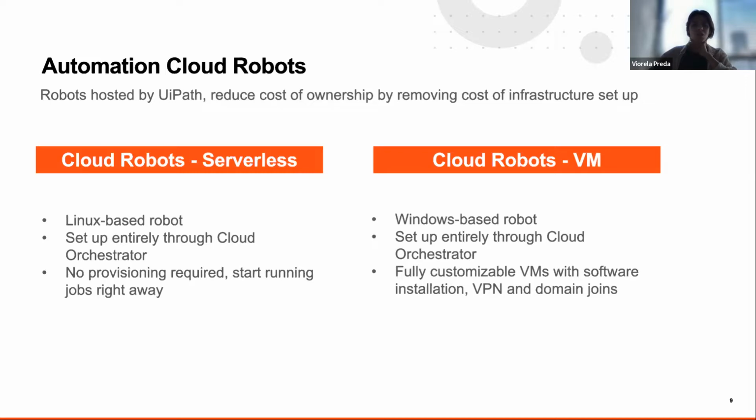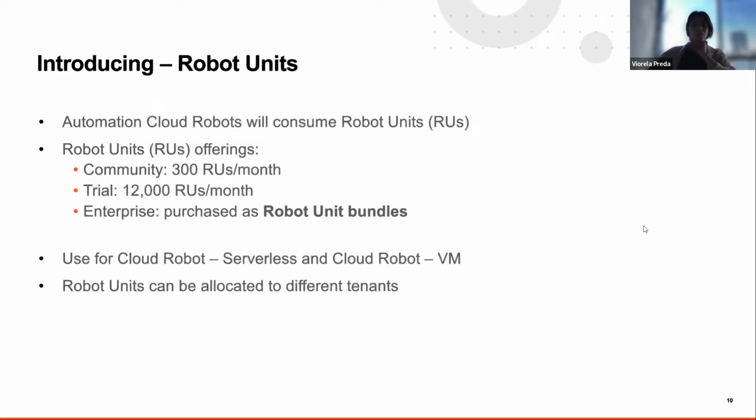Irina, can you please move to the other slide? Yes. Okay, so robot units. Automation Cloud Robots, both serverless and Cloud Robots VM, will consume these robot units. The offerings are as we put them here. In Community, you receive 300 robot units per month. You should see those in your Community organizations in cloud by now.